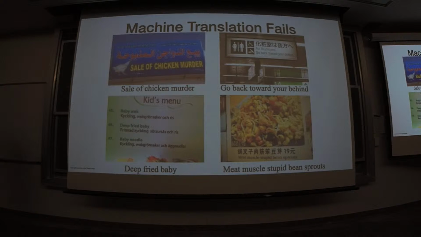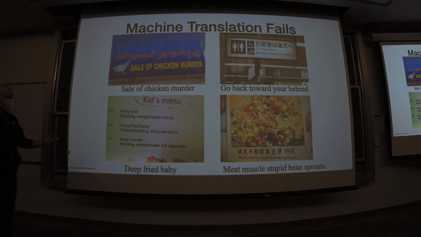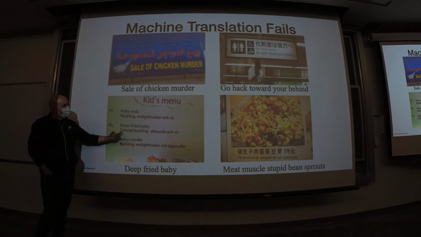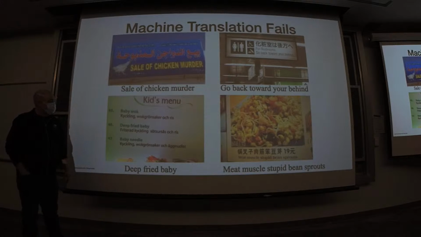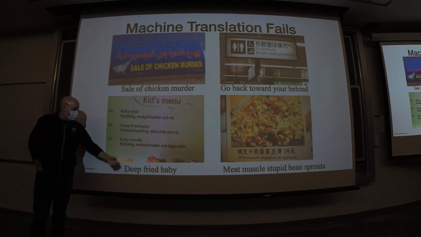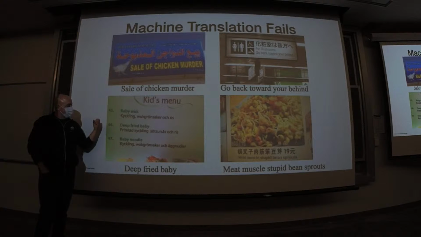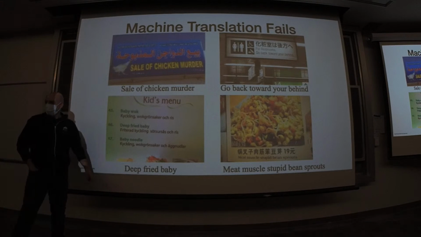And it's at this point that we should probably think about what can go wrong in machine translation. So here's a bunch of examples of things that can go wrong. If you literally just let a machine translate, you get all kinds of things that maybe bear some resemblance to what was actually being expressed in the original language, but when it comes out, it has a meaning that is definitely not what was meant.